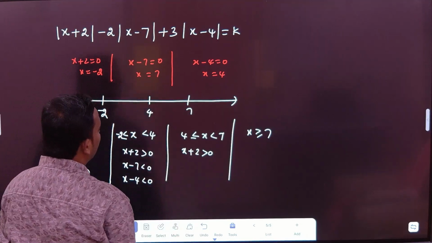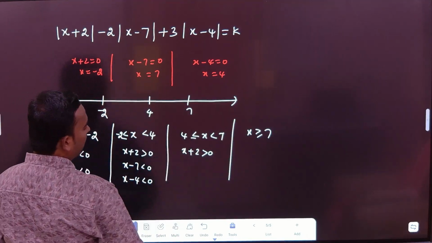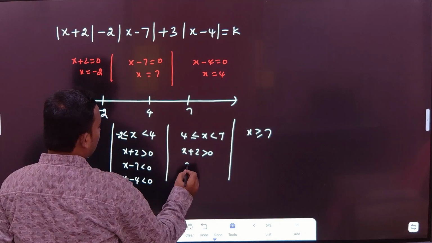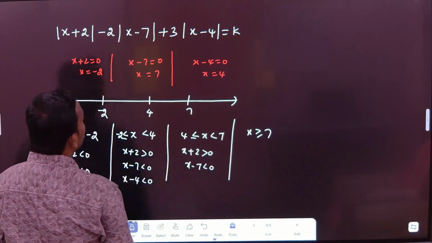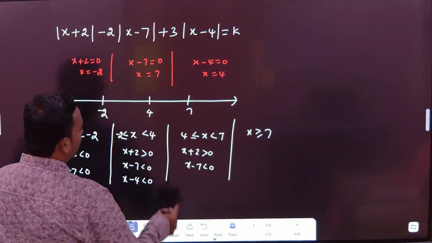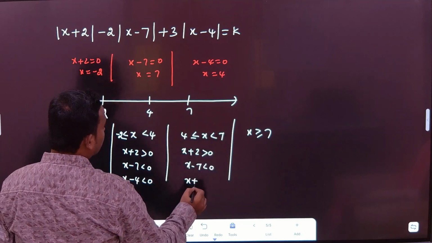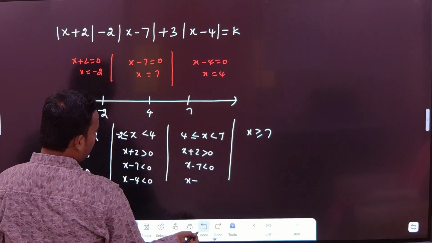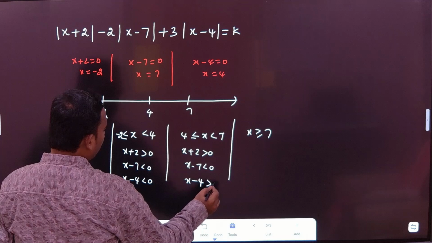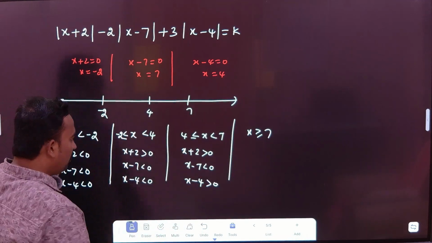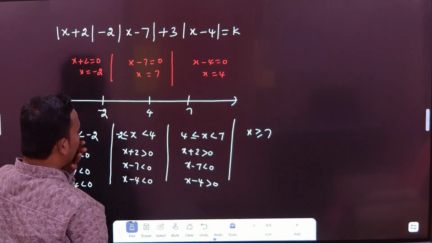Adding -7, 4 minus 7 is definitely negative, right? So x - 7 is negative. Adding -4, 4 minus 4 is 0, and 7 minus 4 is 3, so x - 4 is positive.